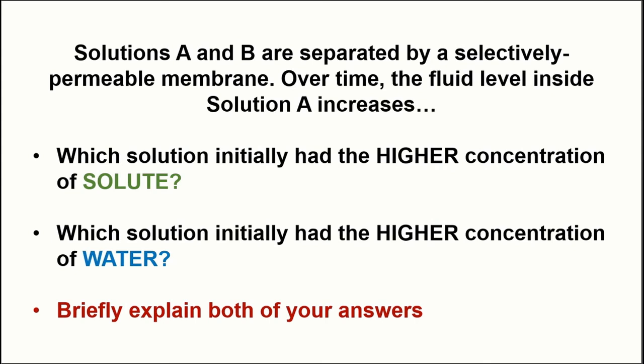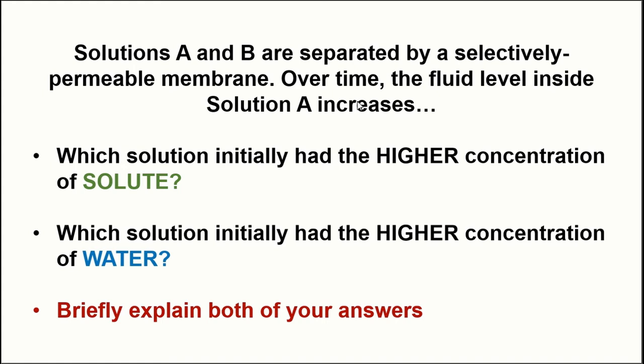So here I have a few questions for you to answer, and I will post the answers to these questions in the announcements forum on Moodle so that you may check your work. The scenario that I have here for you is that you have two solutions, A and B. Solutions A and B are separated by a selectively permeable membrane.